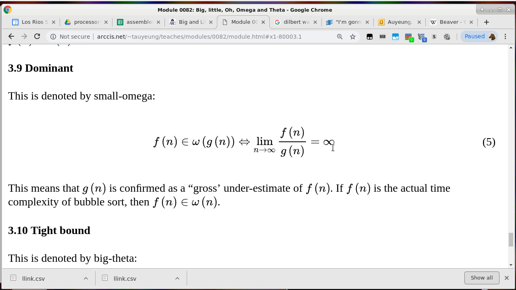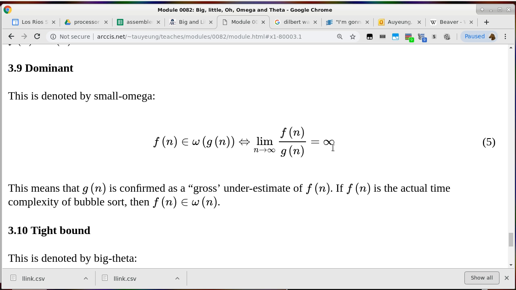Is that okay? What this means is f of n, the actual amount of time for the algorithm to finish, is going to grow faster than g of n. So g of n is grossly underestimating the amount of time to execute the algorithm.